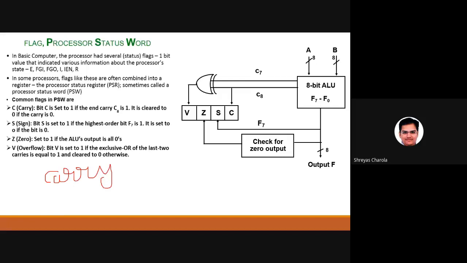When will that value be 1 and when will that value be 0? Zero means reset, 1 means set, but under what condition will it be set and under what condition will it be 0?